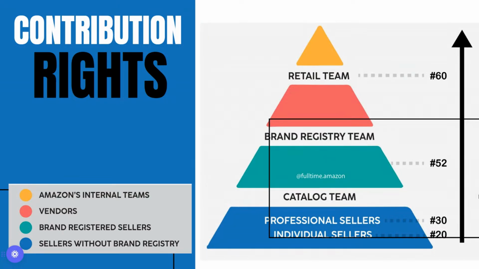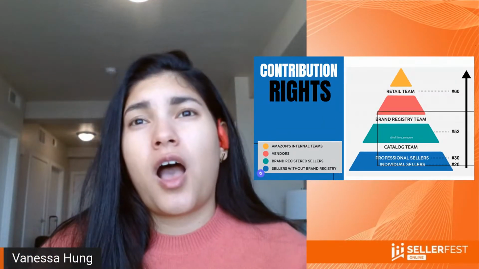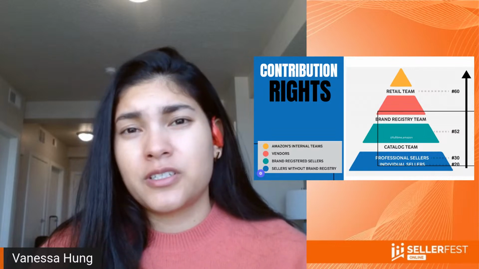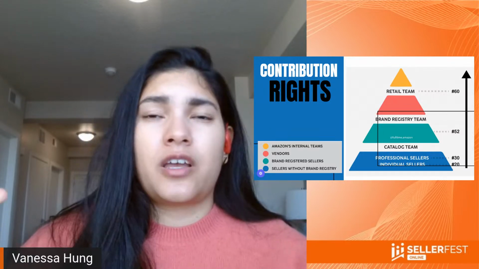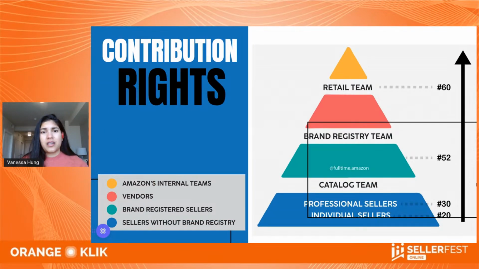They have 60 points, both vendor and the retail team, which is the line of support for vendors. And on top of the pyramid, in the yellow triangle, we have Amazon internal teams. These are many. I believe that there are about 6 or 7 different teams, and they have the contribution rights to change specific things in the catalog.